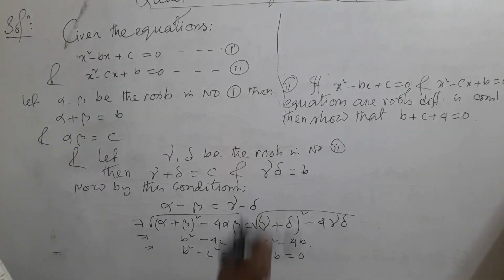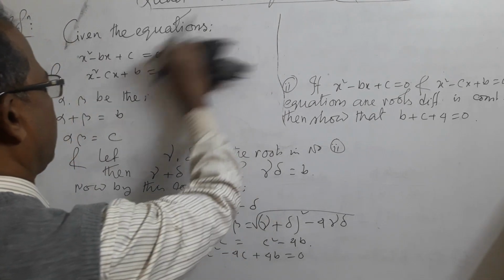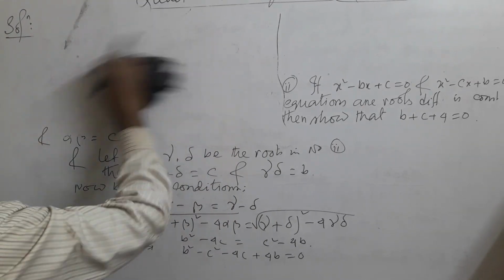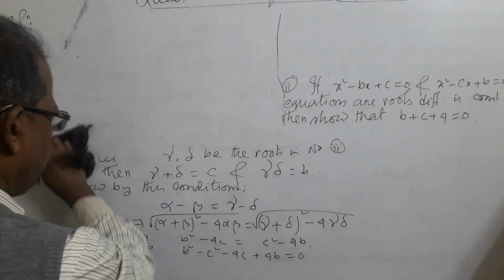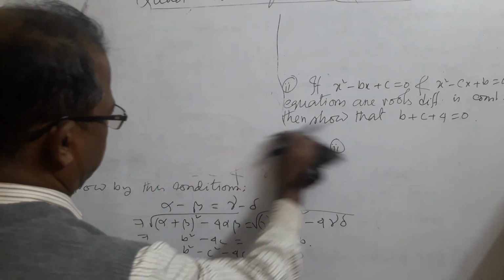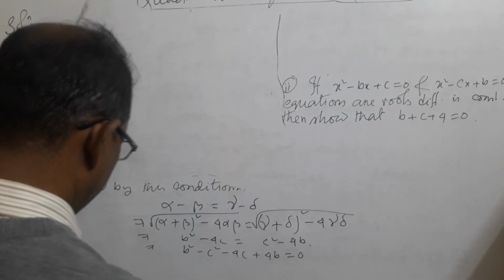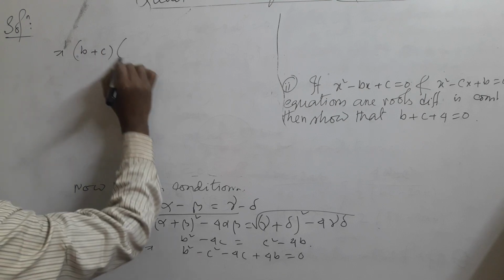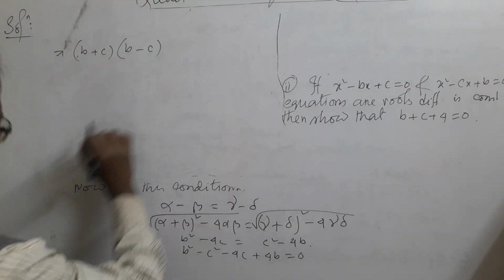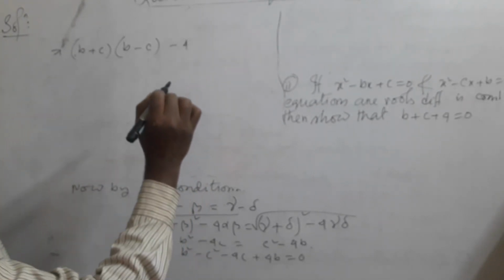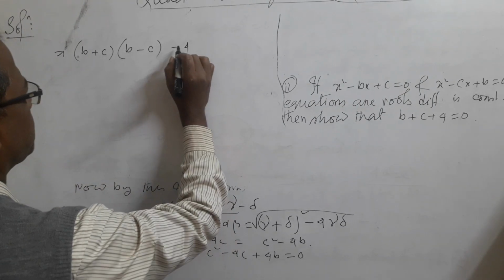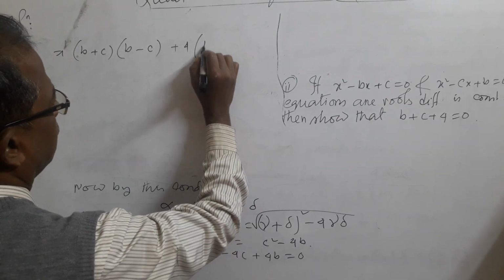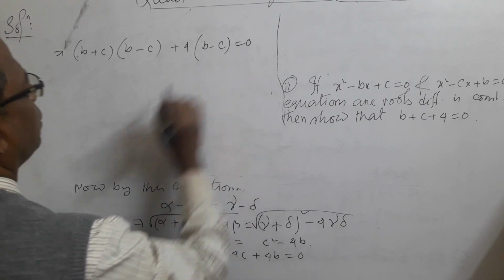It looks somewhat critical, but if you observe the maths deeply, then obviously it's easy. I think there are no problems. So b plus c into b minus c, plus 4 into b minus c, equal 0.